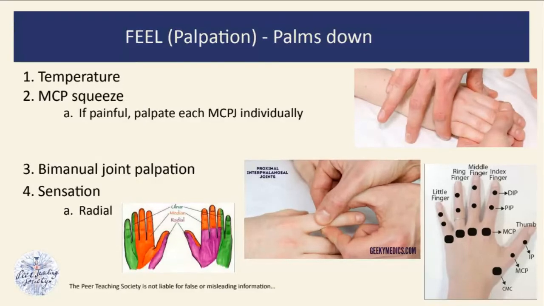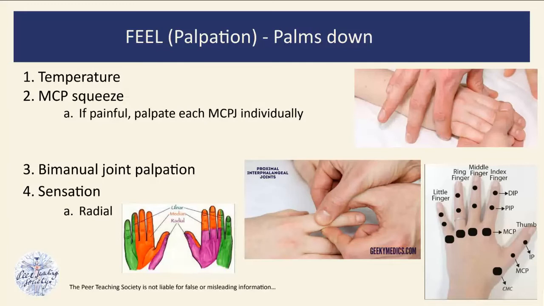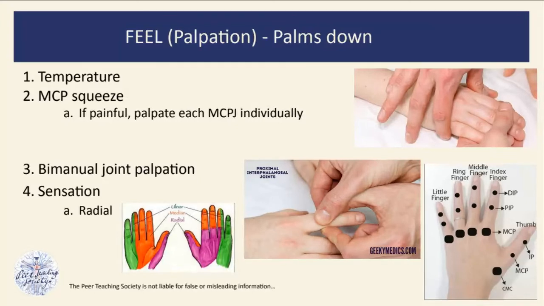That would be best if you watch the geeky videos or watch any YouTube videos. It would be much better than me explaining or writing anything down. And then for sensation, feel this part of the hand. I've forgotten what that's called. I think I've written it down later on in the PowerPoint.